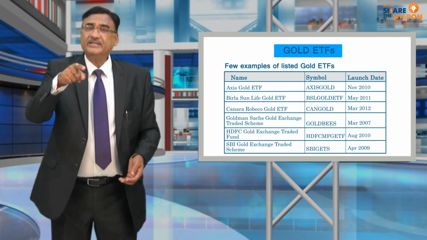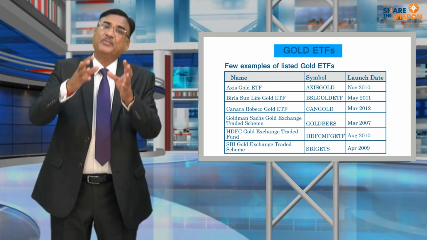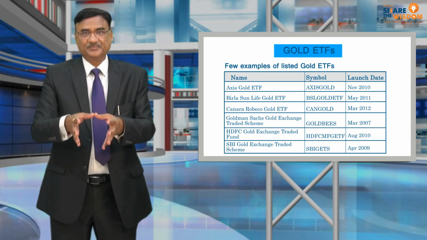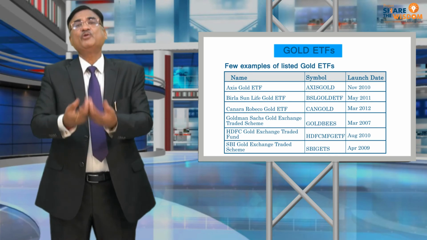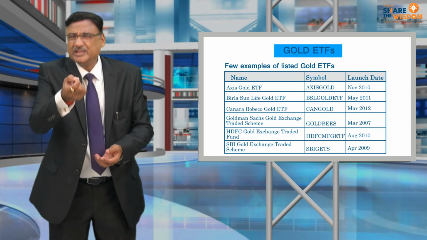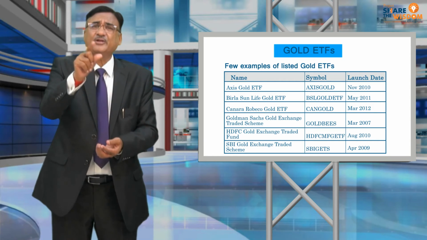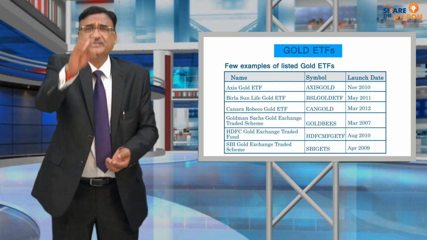The other advantage is that it is converted into very good market price units. When you go to buy physical gold, 1 gram of gold will be a very, very small piece. You would not like to buy less than 10 grams, or at least 5 grams.